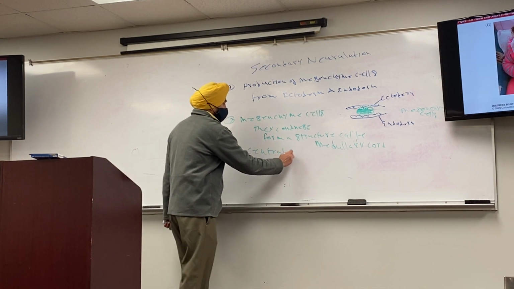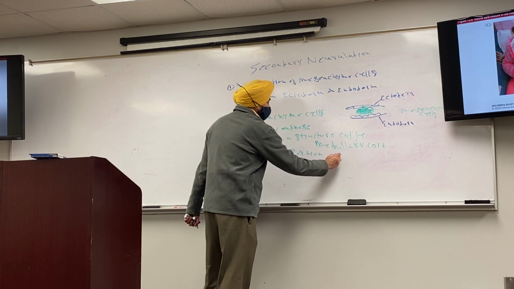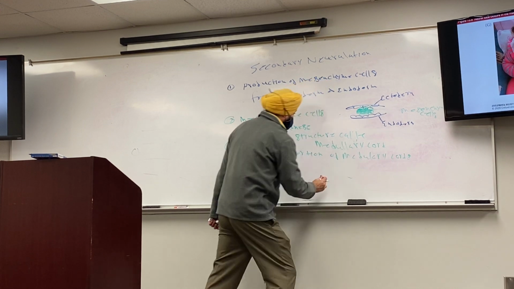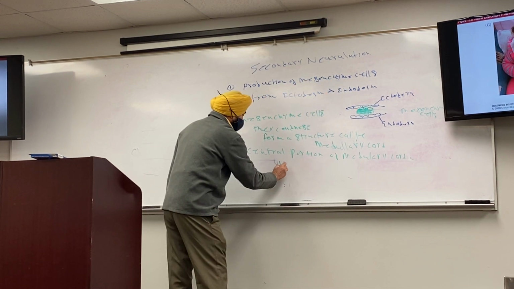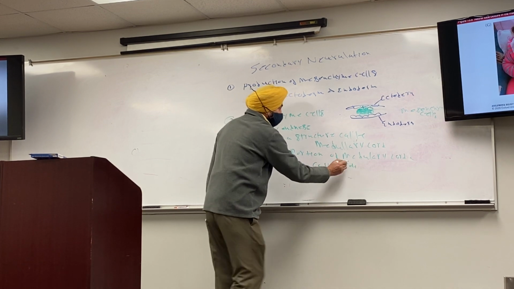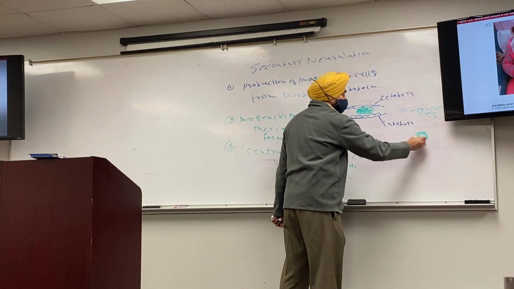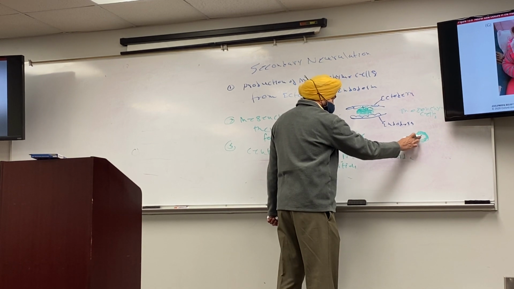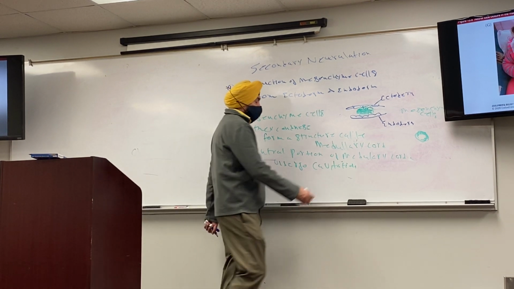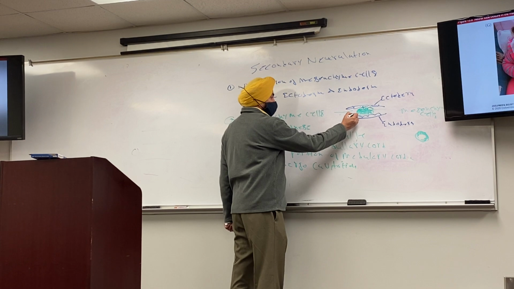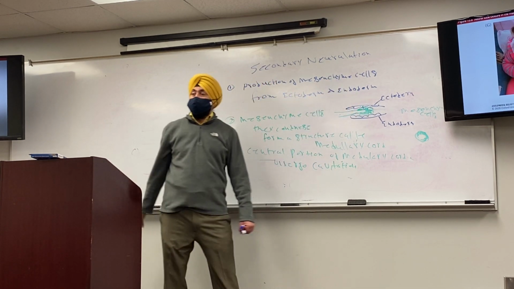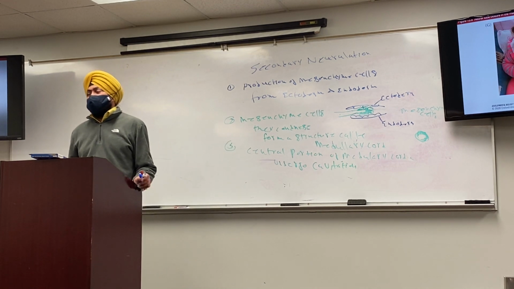The central portion of the medullary cord undergoes cavitation. So this medullary cord was there, for example, in the center, then a cavity formation takes place. Okay? And then once that is there, right here was your neural tube. Now a cavity is formed like this. Making sense? So this is a very easy step.